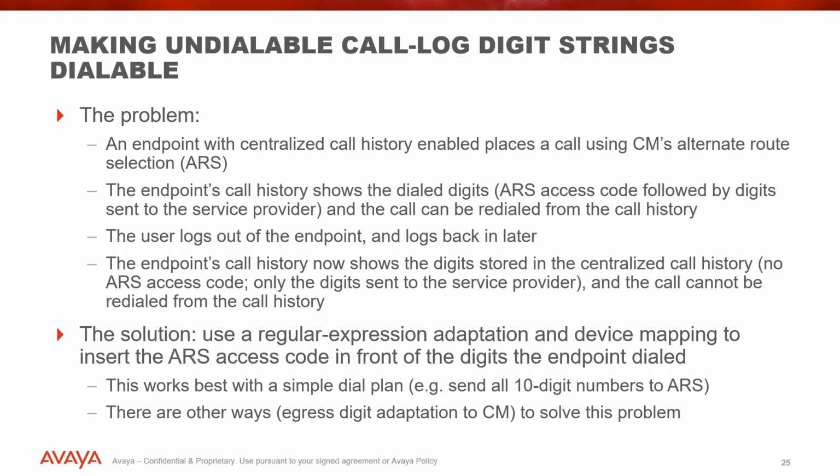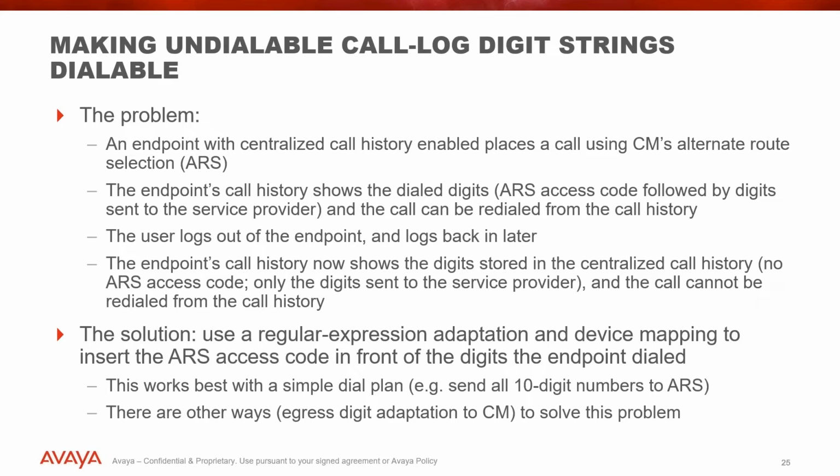This was the design decision, and unfortunately, one side effect is when you log out and log back into your endpoint, your call history now, imagine you dialed 9, the ARS access code, followed by 10 digits. That got you out to the service provider to whatever number you're calling.